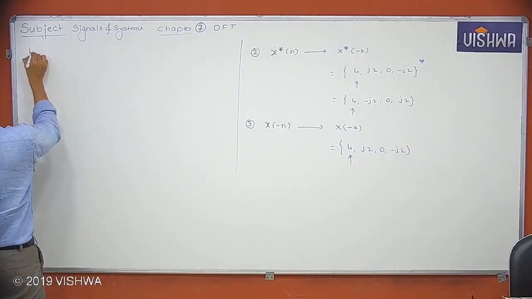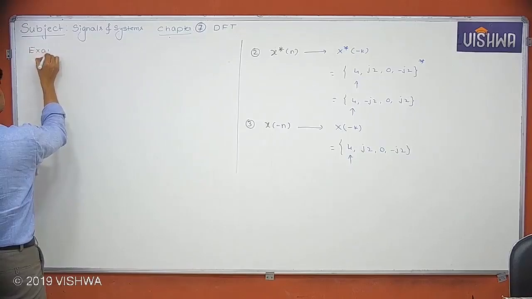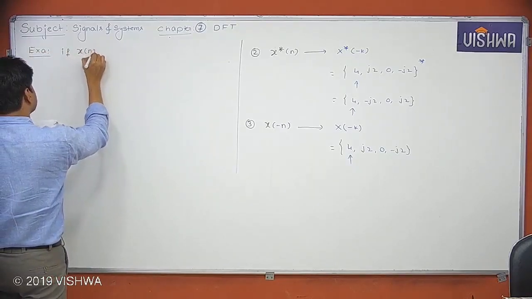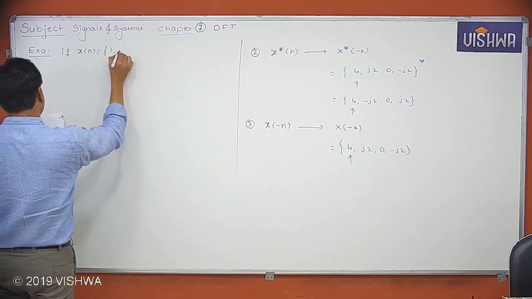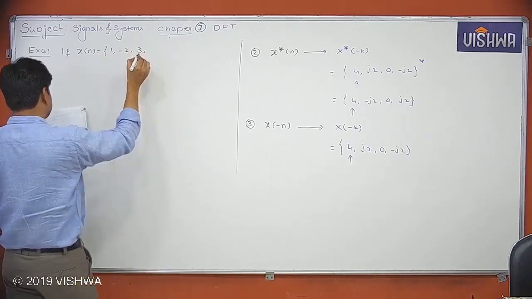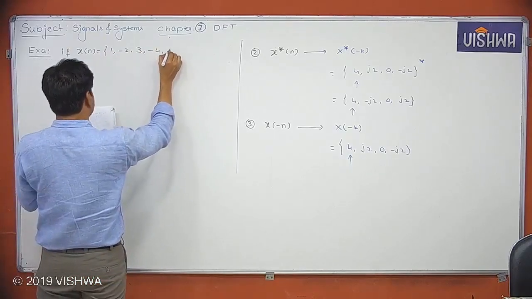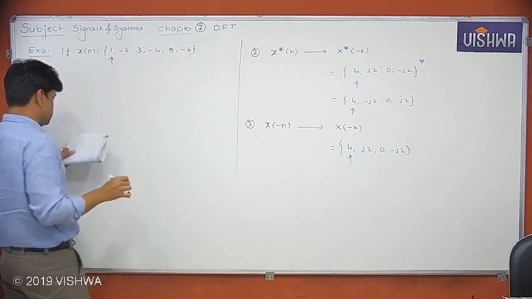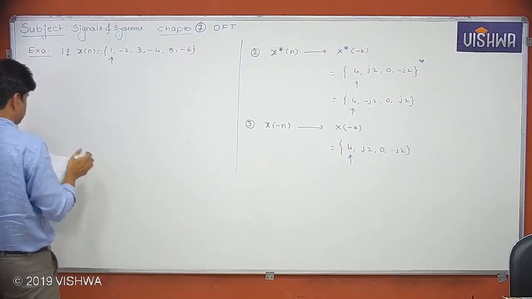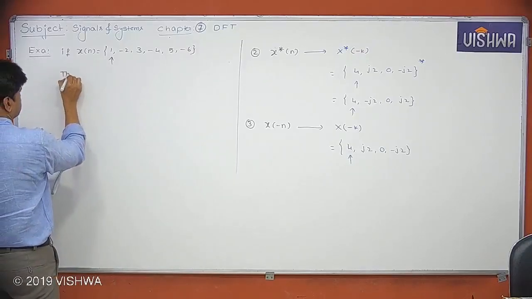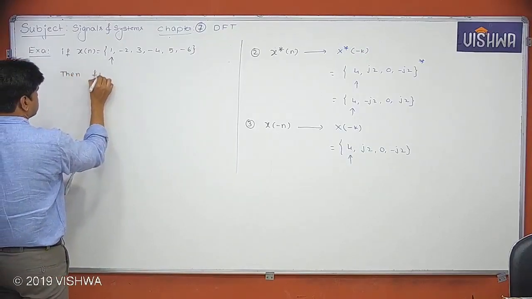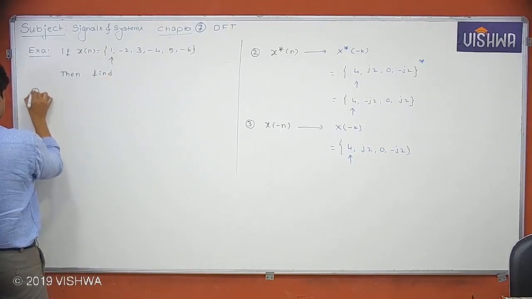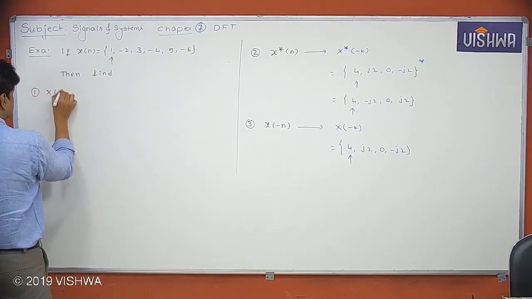Example: if x of n is equal to 1, minus 2, 3, minus 4, 5, minus 6, then find: first question, capital X of 0.